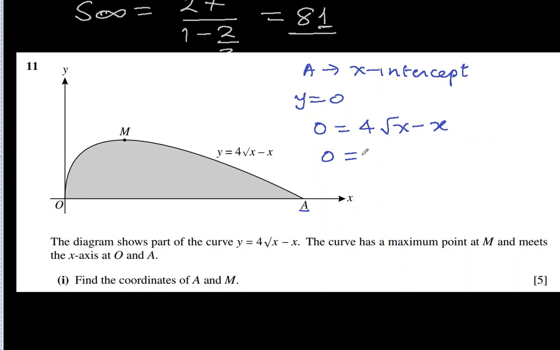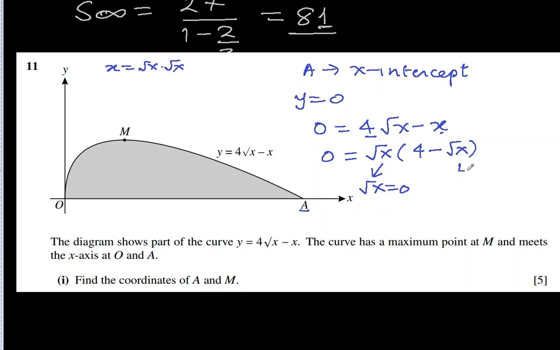Whenever 0 equal to something, try to see if you can factor the other side. Yes, we can factor this. Square root x is common in these two, so square root x is taken common. What is left here? 4 minus, out of x, x can be written as square root x times square root x, right? So if square root x has been taken out, the remaining will be another square root x here. And now since they are equal to 0, we can make them individually equal to 0.